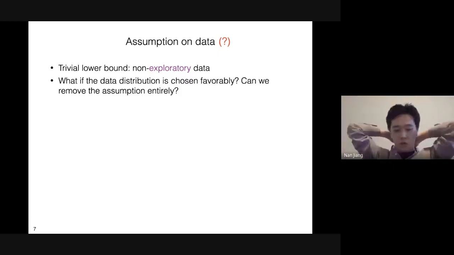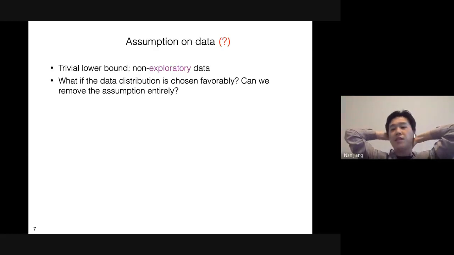So what you want to do is rule out this uninteresting failure mode, that the data distribution is chosen in a bad manner. Instead, what we can ask is: what if we allow the data distribution to be chosen favorably?